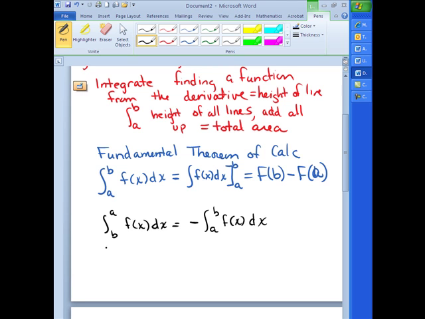One other feature: what if we wanted to take a long trip? We wanted to go from A to C. This is when you have something like a piecewise function, or just something where there's something weird going on. For example, here's a good example, I think. Let's say A is here and C is here.